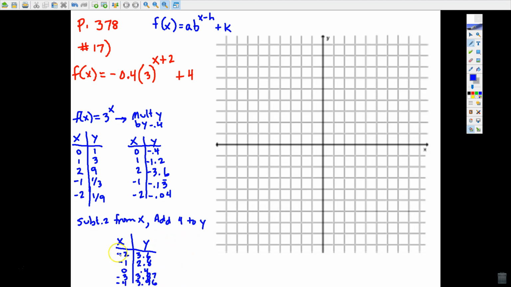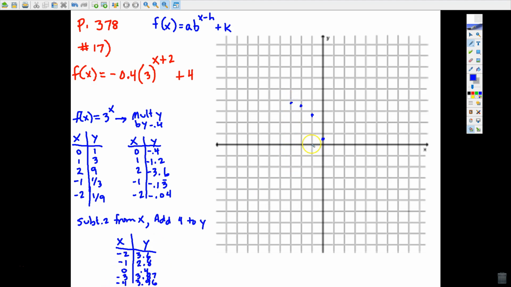All right, so let's plot these points and we will have the graph for our answer. So negative 2 and then about 3.5. We'll call that 3.6. Negative 1, 2.8, not quite to 3. We'll just guesstimate that to be right there. 0.4, that's about a half. Okay. Negative 3, and then 3.87. 1, 2, 3, here's 4, so just under 4.